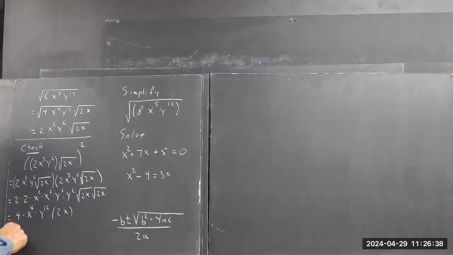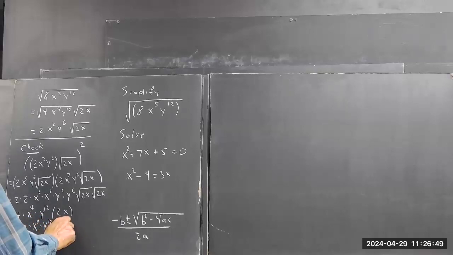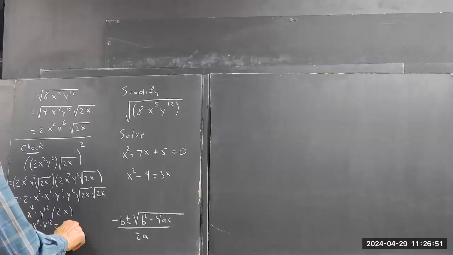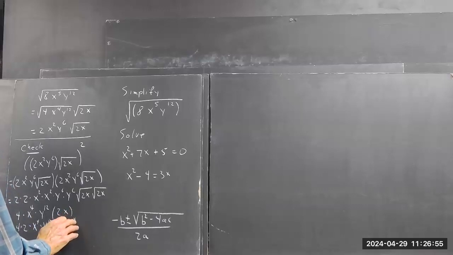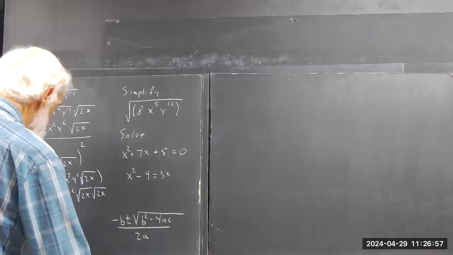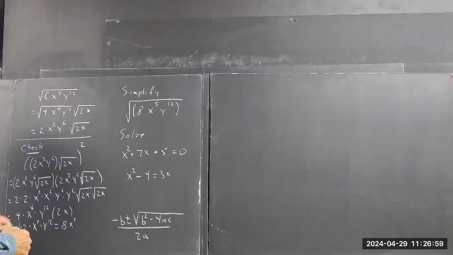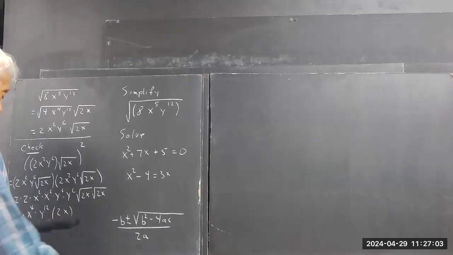Okay, and now we can write that as 4 times 2 times x to the 4th times y to the 12th. That equals 8x to the 4th, x to the 5th. I left out an x. I got careless, and of course you've never seen me do that before, have you?